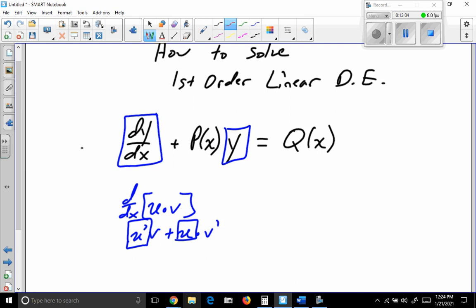So we're going to multiply all three terms by some function called mu of x. It could be that at times that's a constant, but often that's going to have some variable in it.